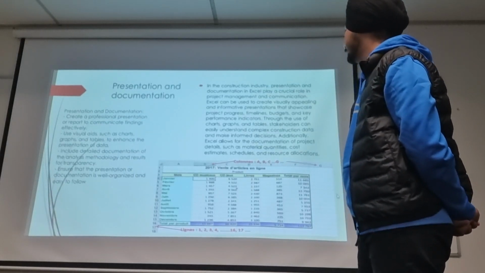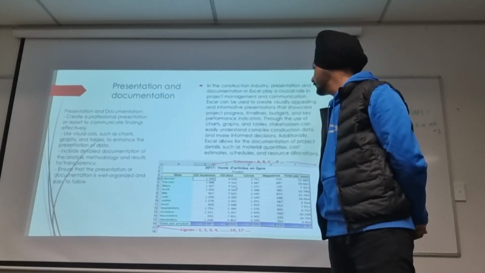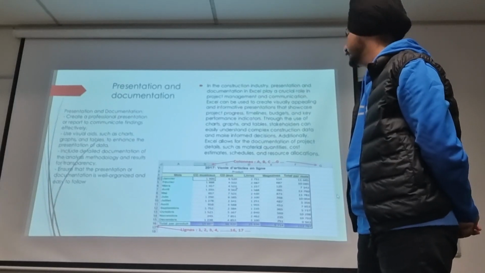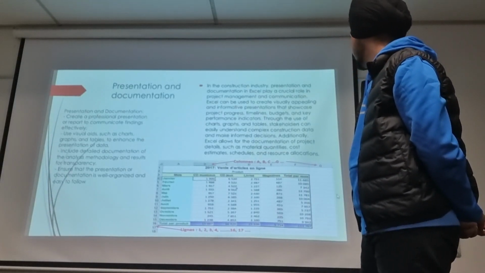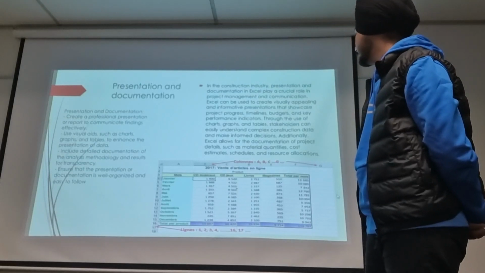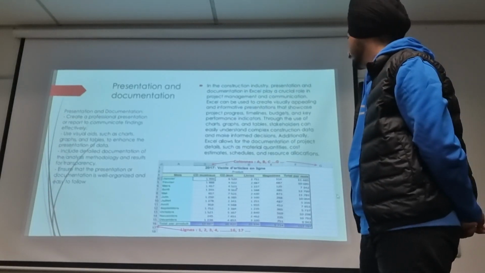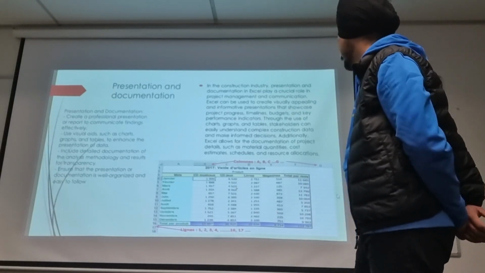Through the use of charts, graphs, and tables, stakeholders can easily understand complex construction data and make informed decisions. Additionally, Excel allows for the documentation of project details such as material quantities, cost estimates, schedules, and resource allocations. Here is an example.